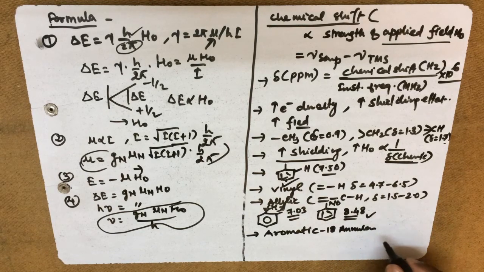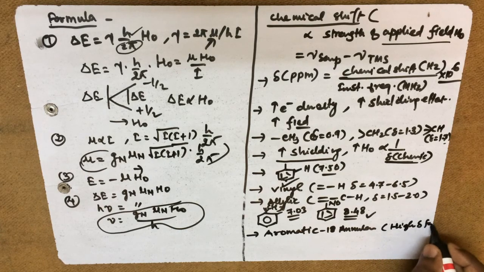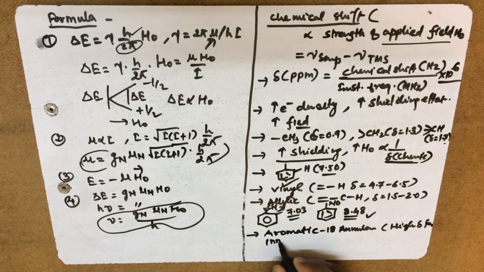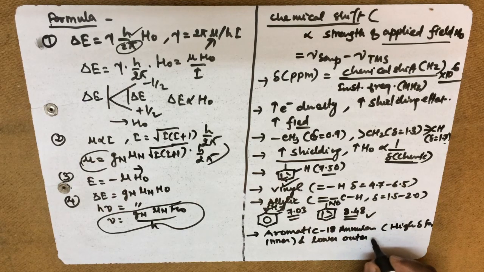The chemical shift value, the delta value, for inner hydrogen is high and lower for outer hydrogen, meaning less shielding.